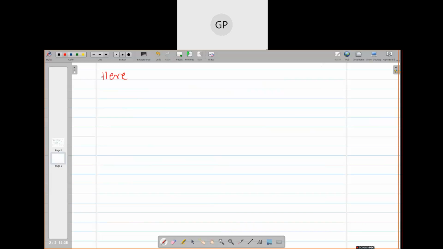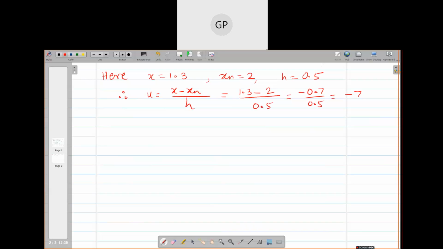So first I have to calculate u. So here x is 1.3, xn is equal to 2 and h is equal to 0.5, and therefore what is u? U is x minus xn upon h. So it is 1.3 minus 2 upon 0.5, that is minus 0.7 upon 0.5, that is minus 7 by 5.